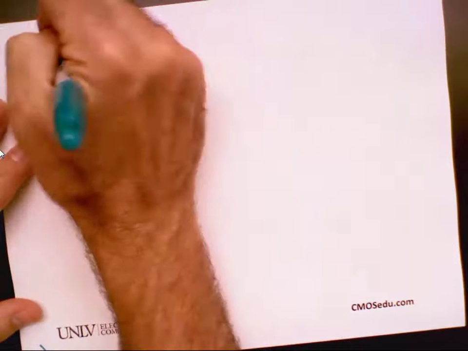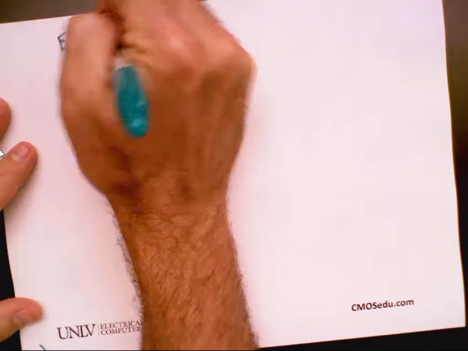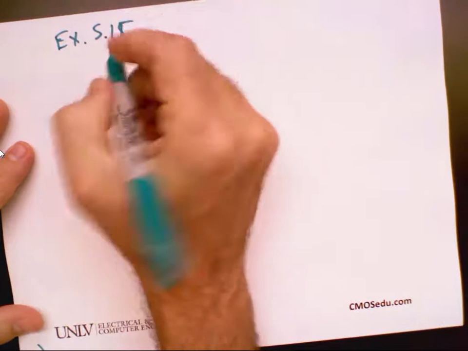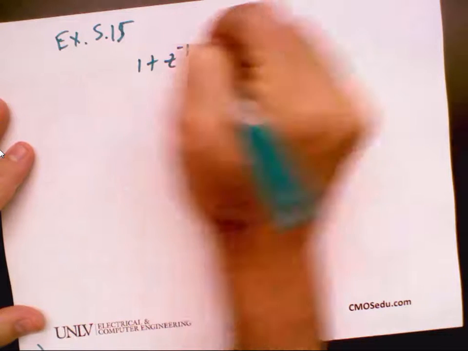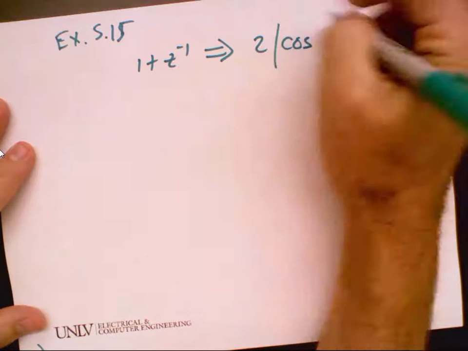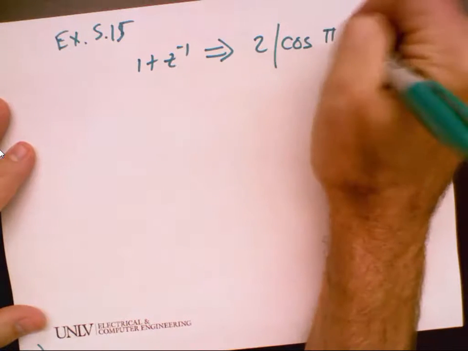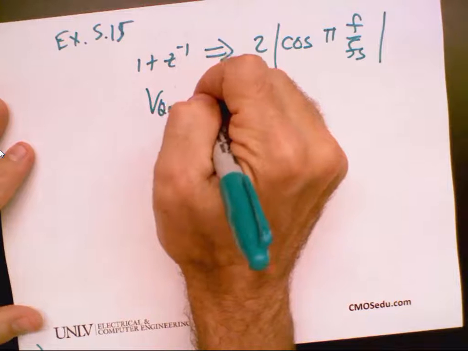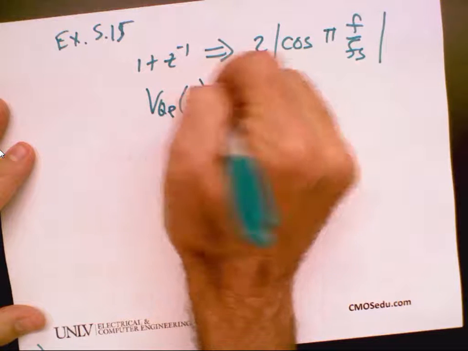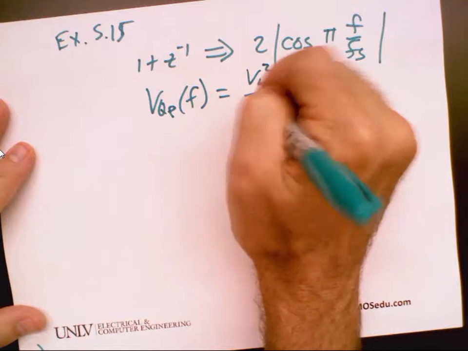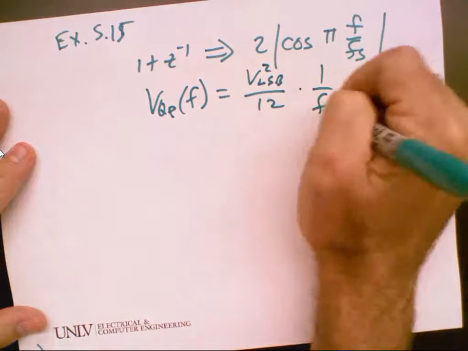So example 5.15, and we're going to take just an averager, 1 plus z to the minus 1, which has a transfer function magnitude of 2 times cosine of pi f over Fs. We know our quantization noise can be written as P of f equal to VLSB squared over 12 times 1 over Fs.